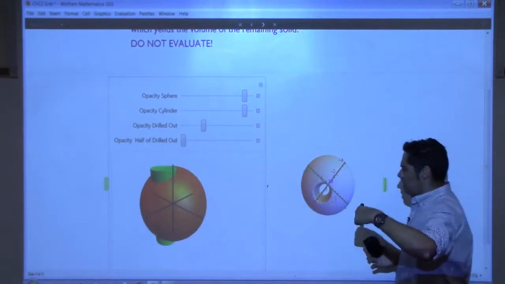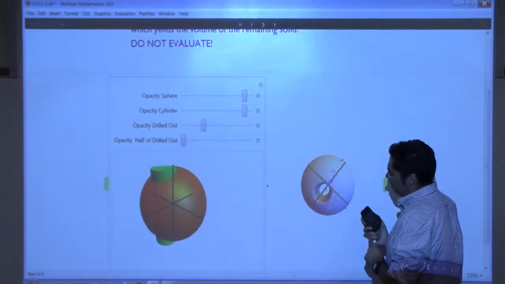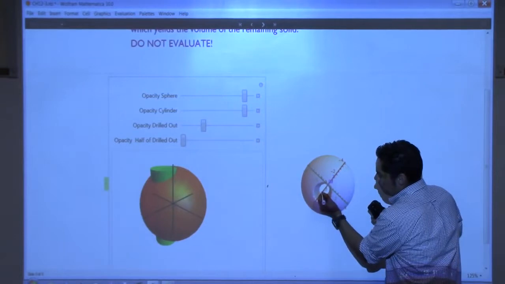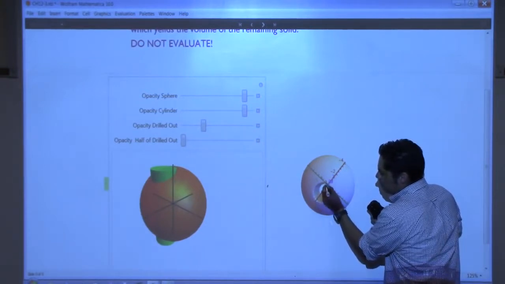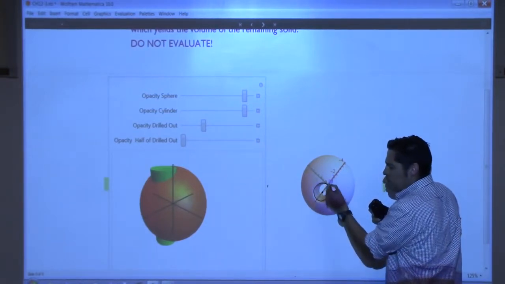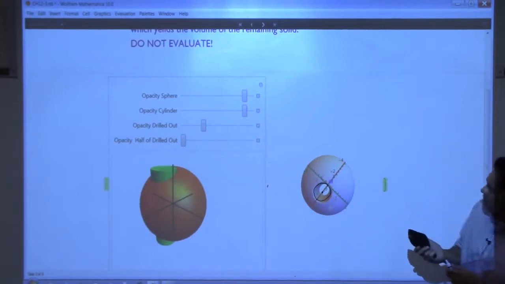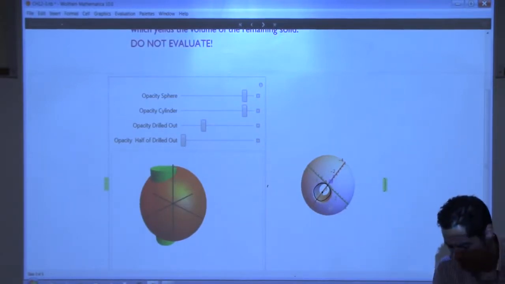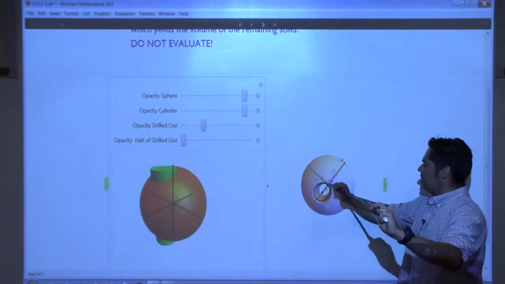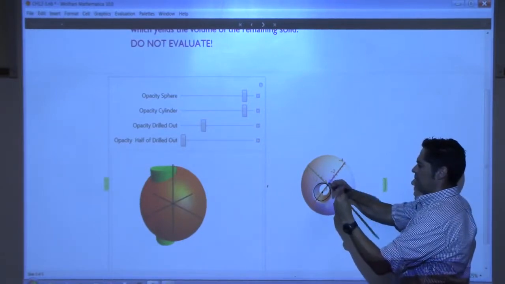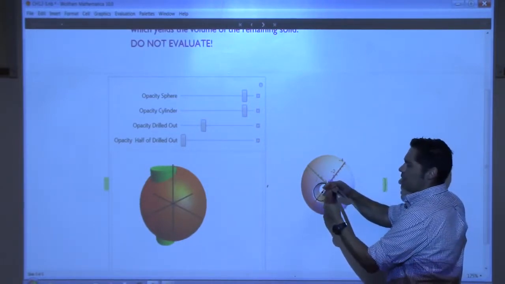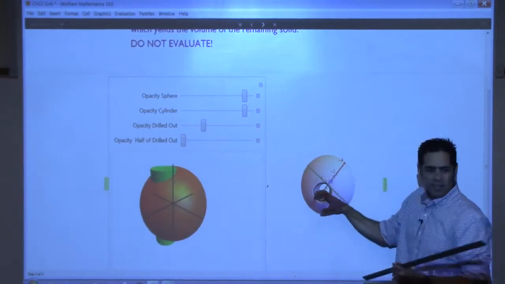My drill bit's coming in here, and the center of the drill bit is here, and the drill bit always runs tangent to the z-axis. So here's my z-axis. My drill bit must always be touching that and going, basically it's going straight into the sphere, right? But it's offset. Do you see how it's offset?